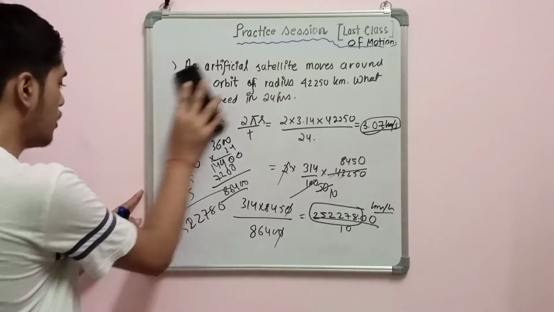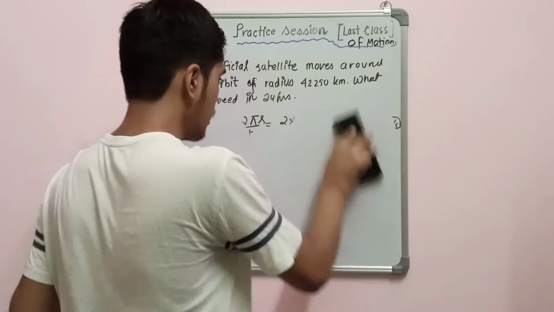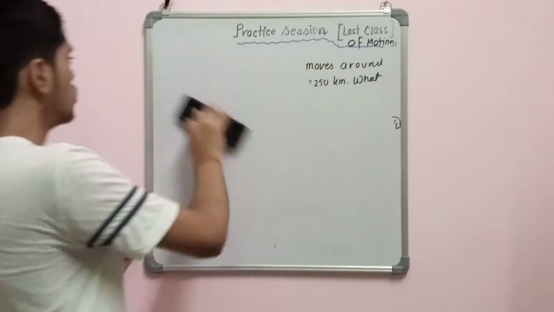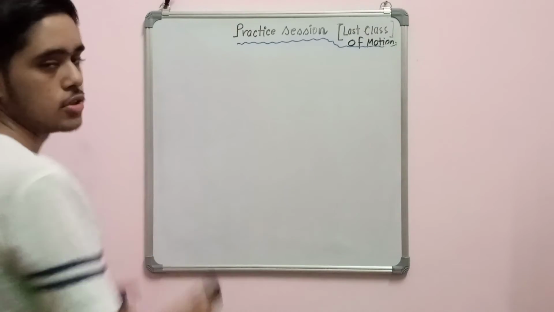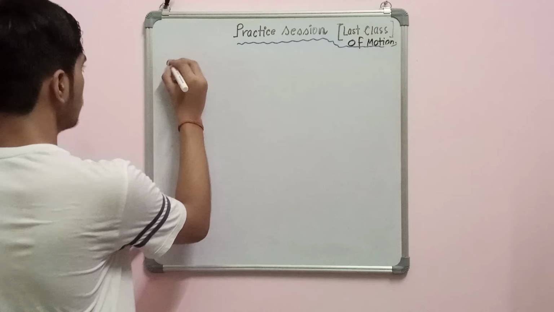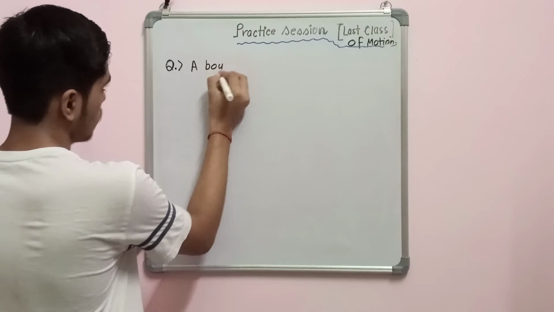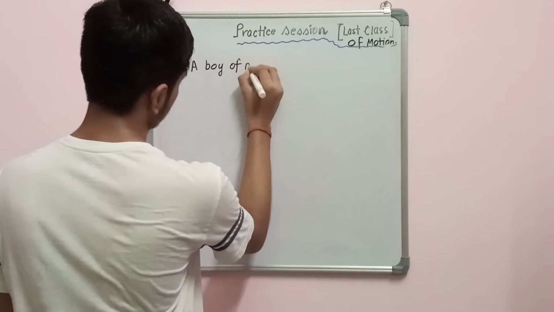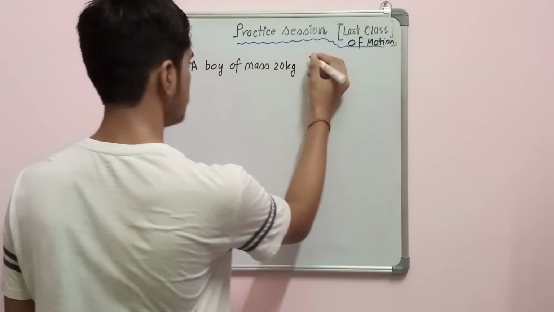Okay. Now I'm going to give you a tricky question. We already discussed 3 questions. Now this is the 4th question. In the 4th question I am going to give you a boy of mass 20 kg.